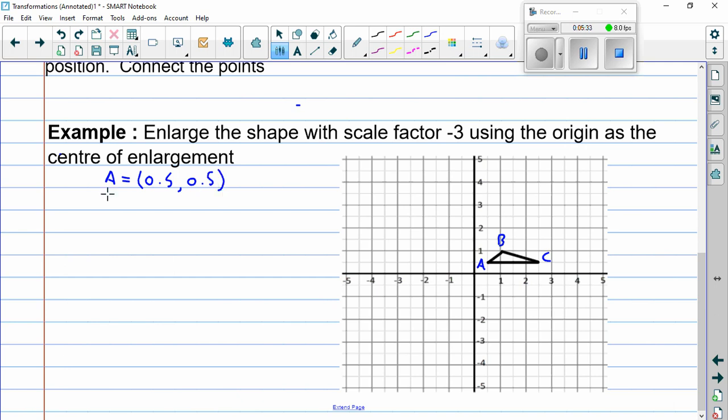We have B, and this is going to be 1, comma 1, and C is at 2.5, 0.5.